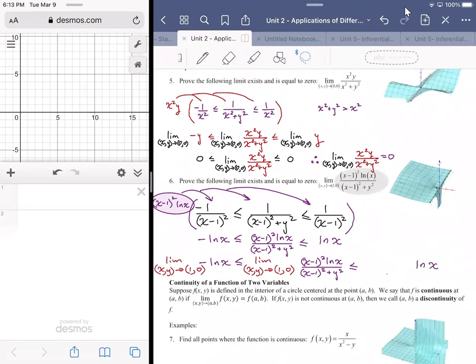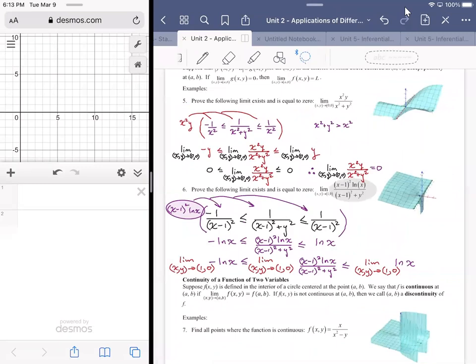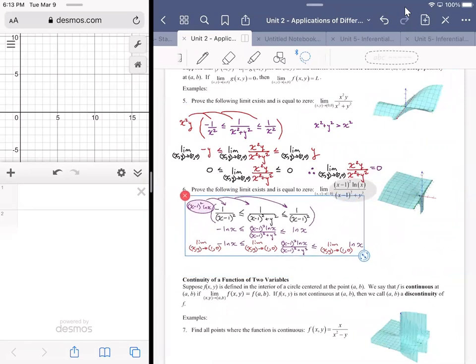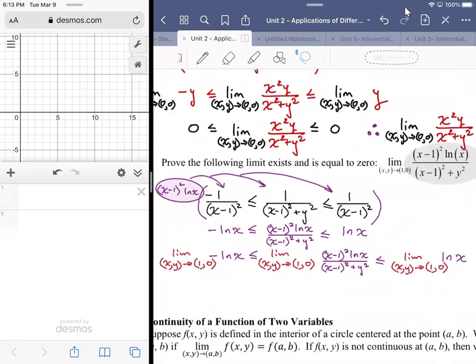And then the limit of this. I'm going to do a little resize. Bring it in.